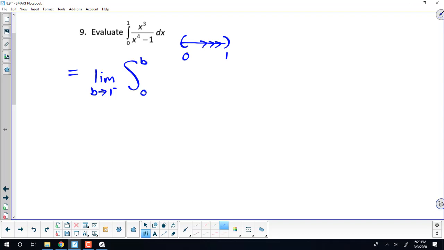Okay, so limit as b approaches 1 from the left. We have our x cubed over x to the 4th minus 1. The derivative of the bottom is 4x cubed. So if we had a 4 here, then our integrand's in logarithmic form. But to put the 4 there, we need a 4 here.